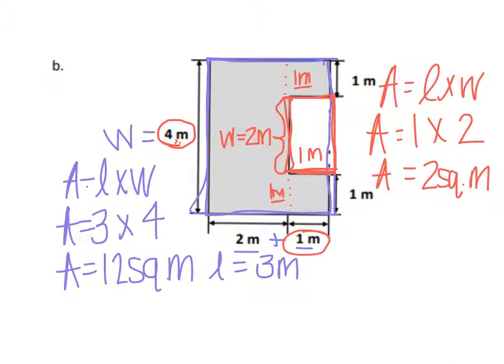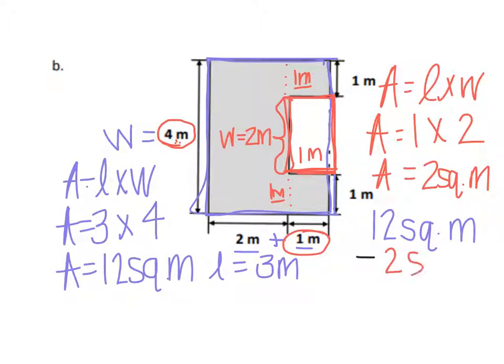So now I need to take the area of the purple rectangle, which was the bigger one. So that was 12 square meters. And I'm going to have to find the difference because the red rectangle isn't really part of the shaded figure. So I need to take it away.